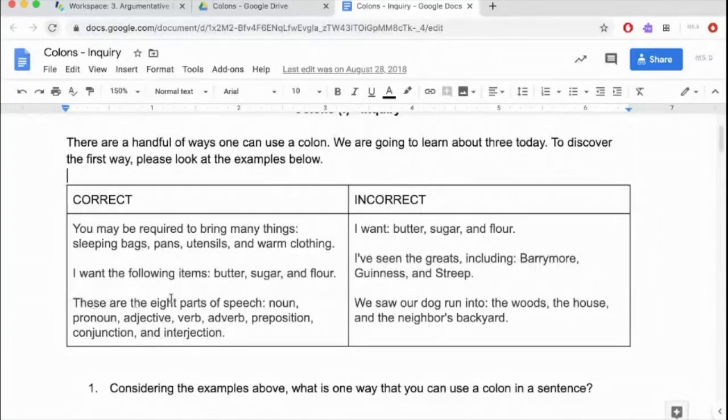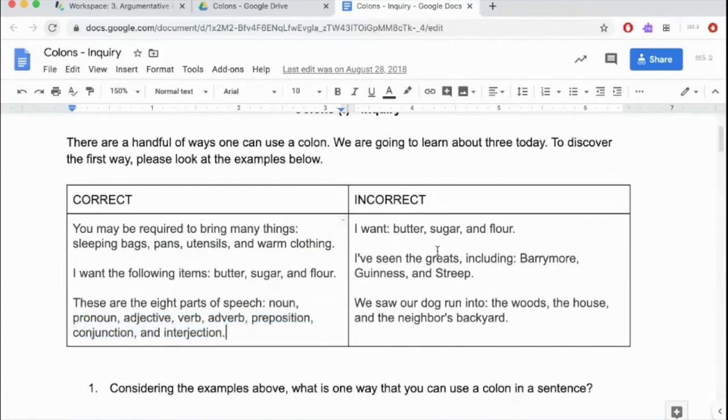These are the 8 parts of speech: noun, pronoun, adjective, verb, adverb, preposition, conjunction, and interjection. Okay, so before I even look at the incorrect column, I think it's really obvious that the colons in every single one of these sentences are introducing a list. Every single one of them is a colon and then a list of things.